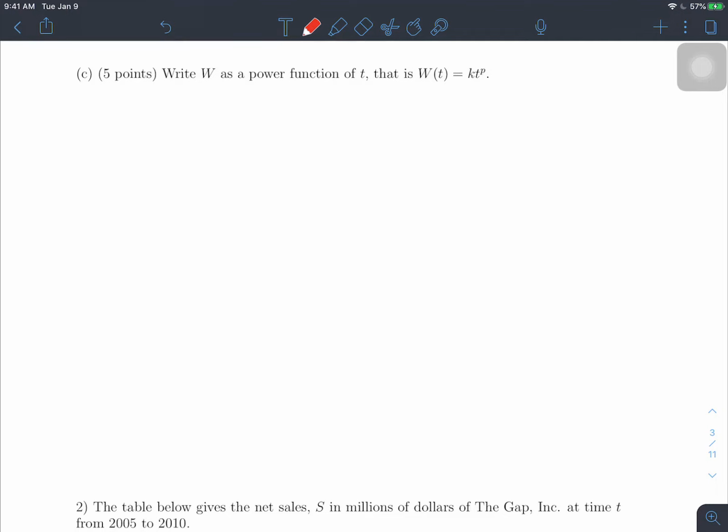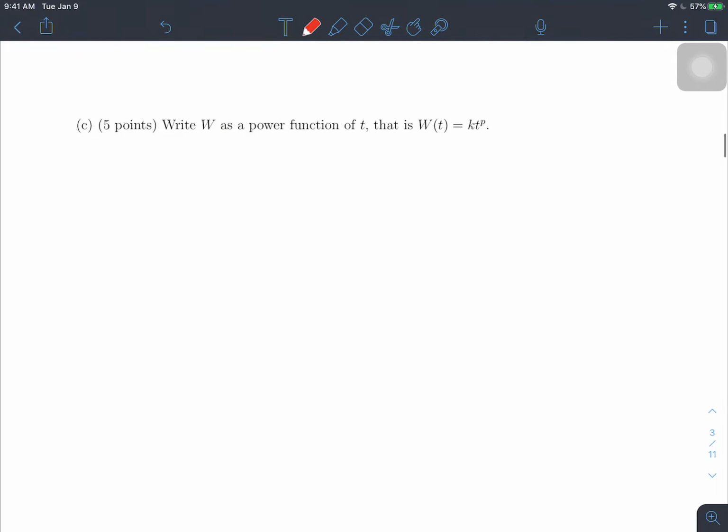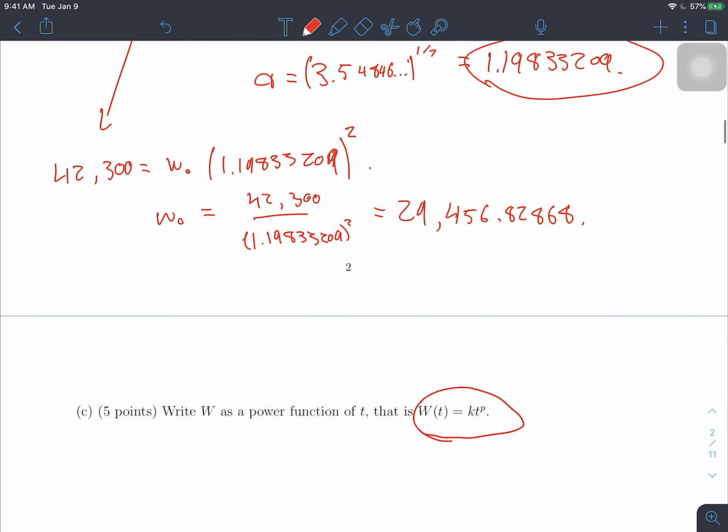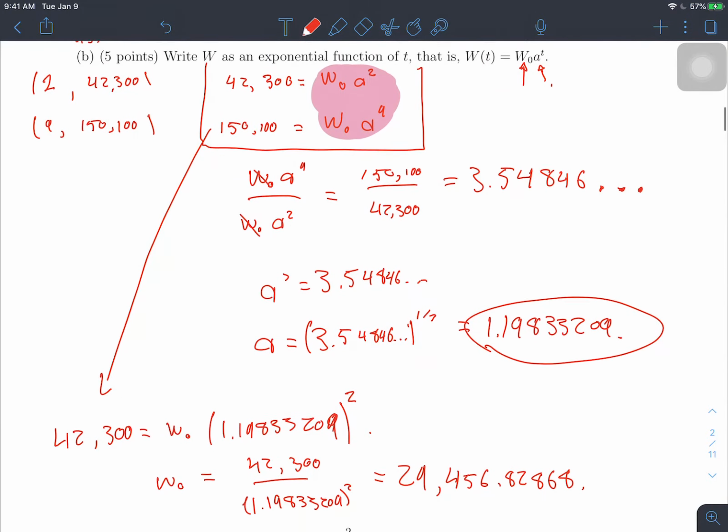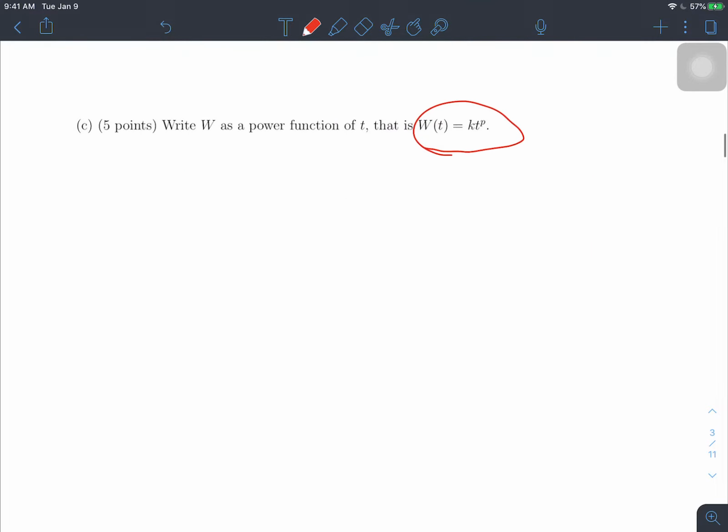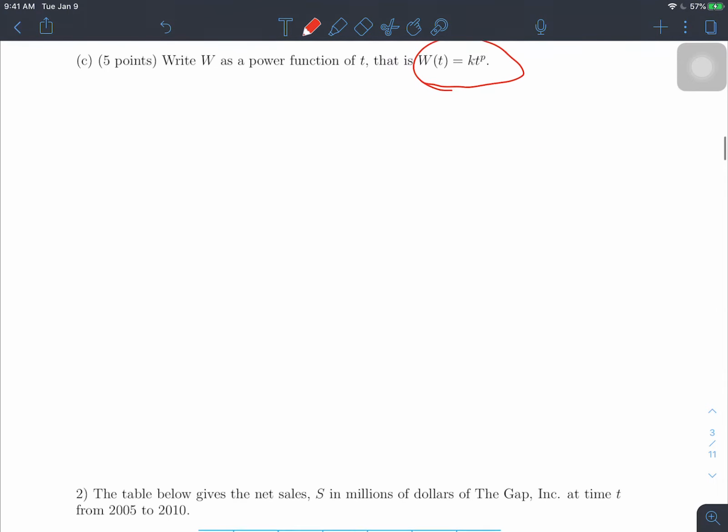I could test on it, but here's what I would say. Learning how to do this problem is really sort of a culmination of understanding the definition of a power function and this principle, which we already just applied, actually. So I do feel like this is well within the grasp of the class.